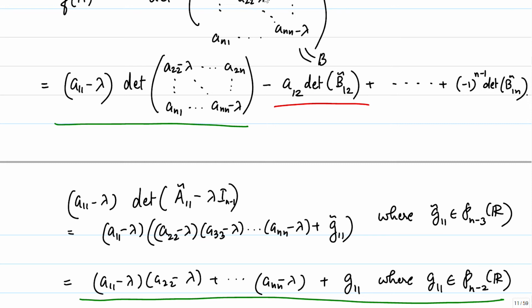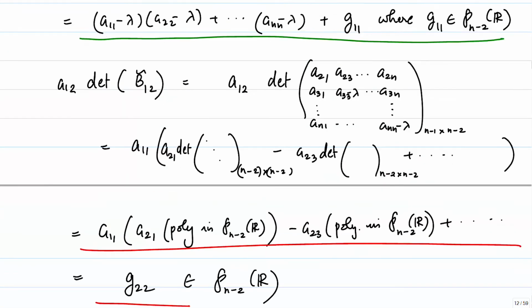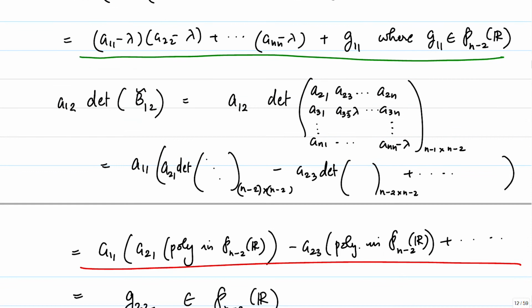Now I will not go about with the remaining terms. The remaining terms are proved exactly similarly to be in Pn minus 2 of R. The only thing to note is that when you are considering the term corresponding to A13, you should expand the determinant of the corresponding matrix along the third row.